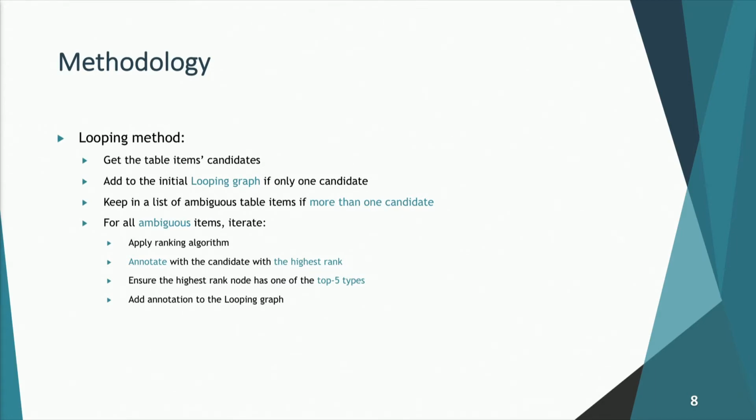The looping graph is generated from all the entities that we are sure about, so they are not ambiguous at all. Then, having this unambiguous graph, we iterate through all the ambiguous entities, and one by one, for each entity, we add their possible candidates to the graph. Then we apply a ranking function, and by that, we can choose the node with the highest rank.